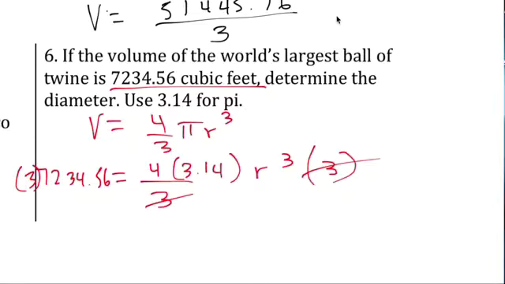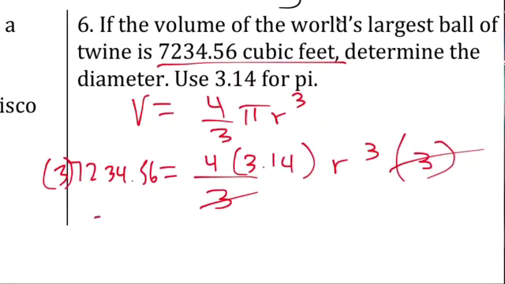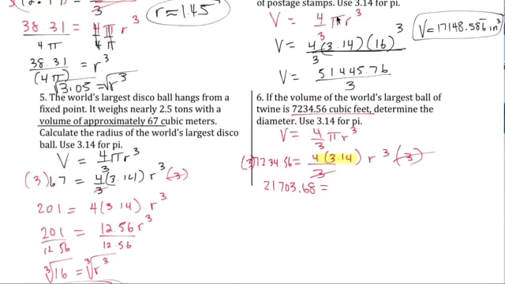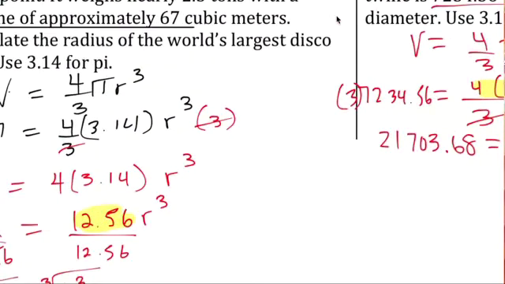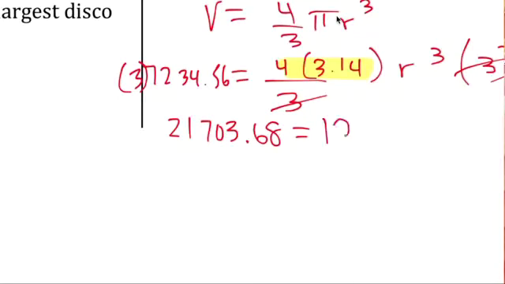When we multiply 7234.56 times 3, we get 21,703.68, which equals, multiplying these two together, 12.56 r cubed, right?